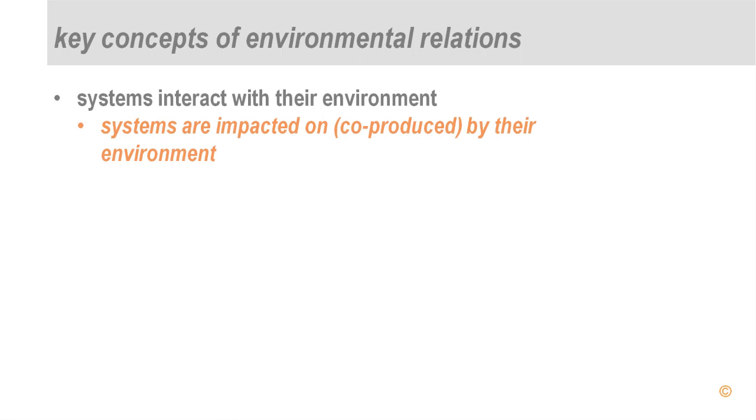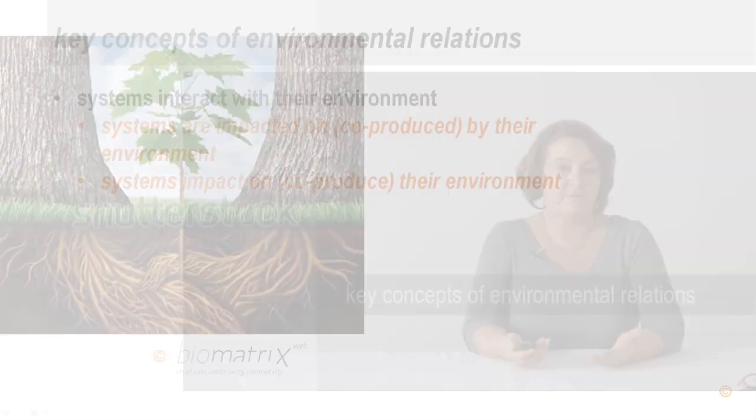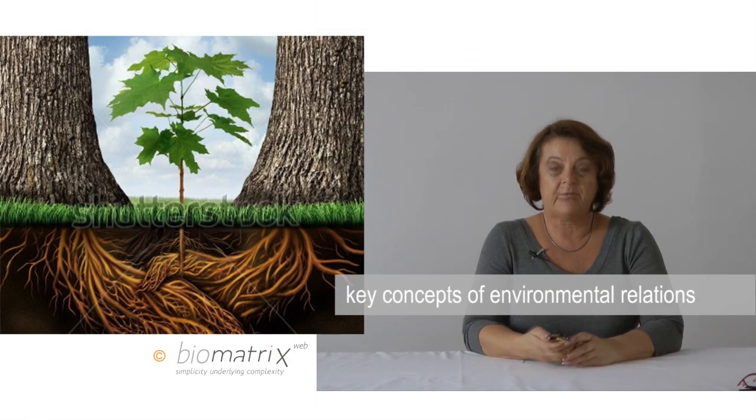And secondly, the system itself impacts on its environment or co-produces the environment, and it has to be very careful how it does so. For example, we need to be very aware how we are impacting collectively on the planet.